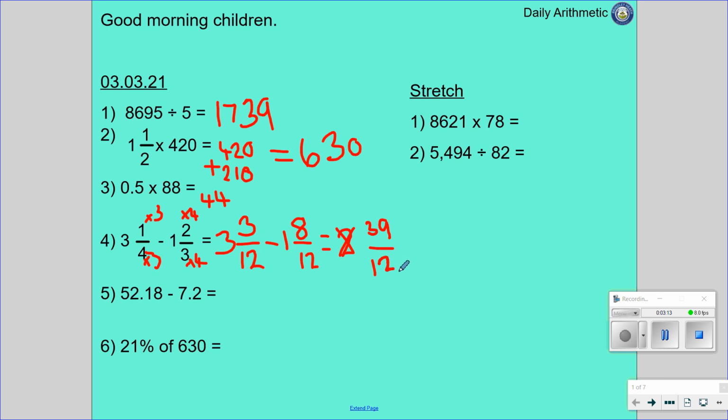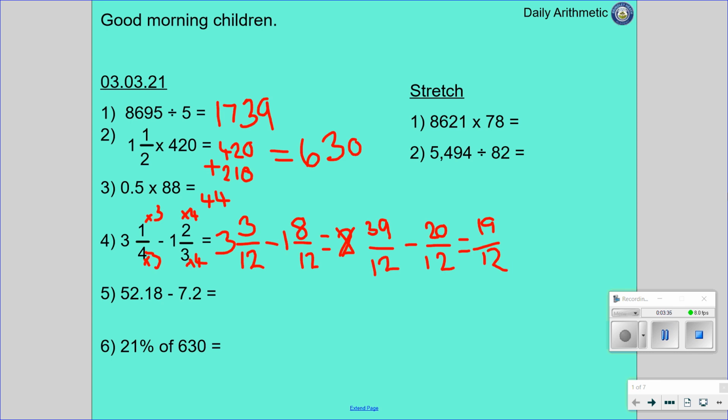And then I'm taking away 1 times 12 and add my 8 is 20 twelfths. So 39 twelfths, take away 20 twelfths is 19 twelfths for my answer. Okay, really tricky question, but a massive well done if you did manage to get the answer for that one.